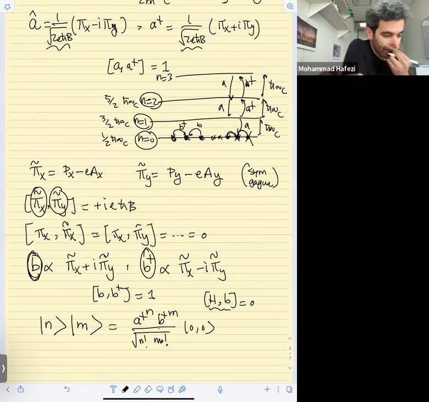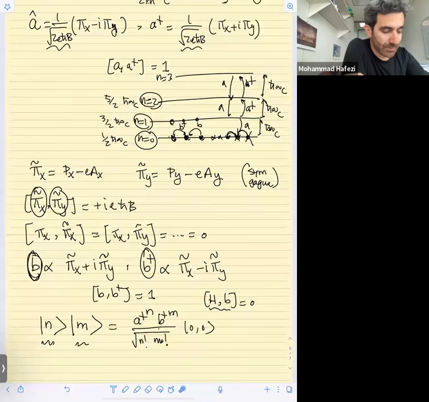So in order to index my Hilbert space, I need two numbers. One is n, one is m. N will change the energy of the system from this ladder to this ladder to this ladder. M would change the state of my system, but stays in the same manifold.